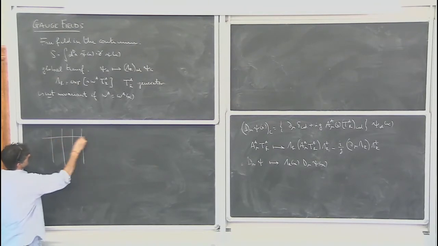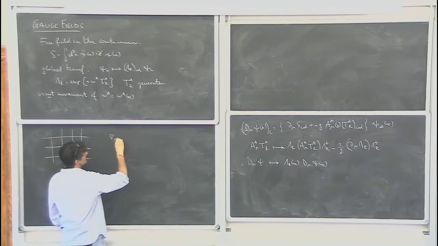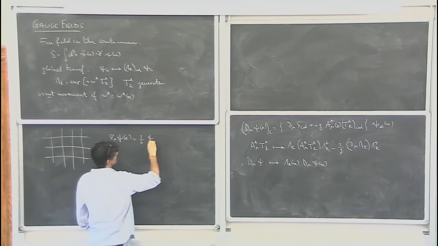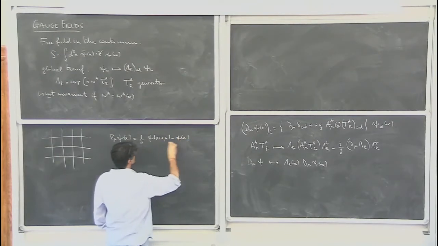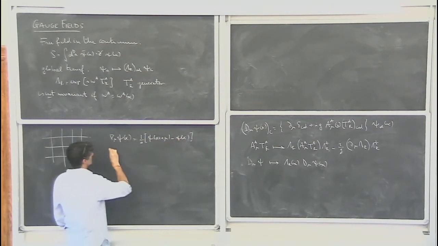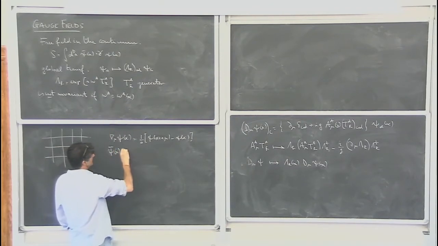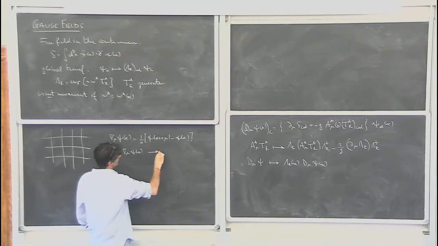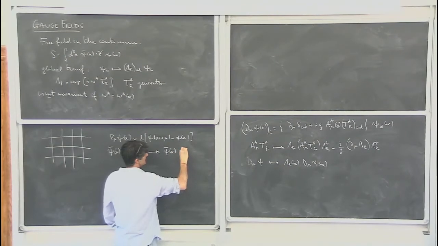So if we're on a lattice, remember we introduced, so we replaced derivatives with finite differences. And so if you look again at the free action, this contains a term which is of this form.